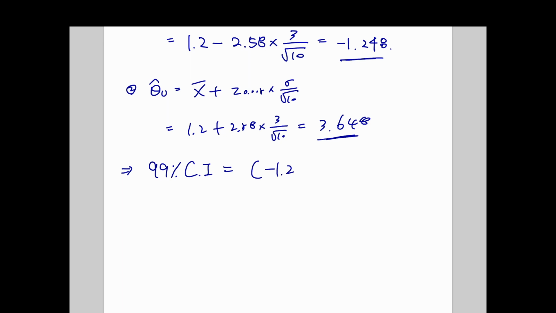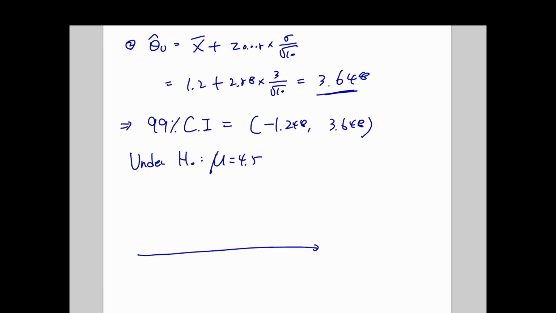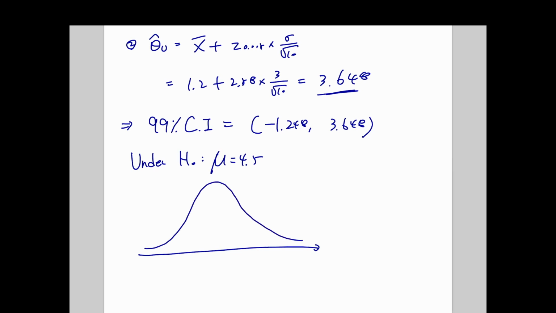Okay, so the 99% confidence interval is okay. Under H0, the distribution is like this, and the confidence interval is like this.